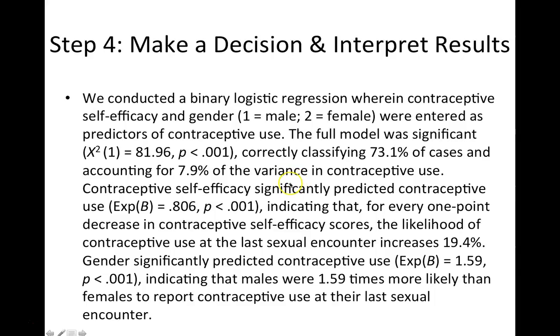One final thing to note is that each of these predictors is evaluated in the context of the other predictors. Much like we talked about before in multiple regression, each of those predictors is evaluated at the average level of the other variables in the model. So these would be slightly different if we ran a logistic regression with just gender as a predictor or with just contraceptive self-efficacy as a predictor.